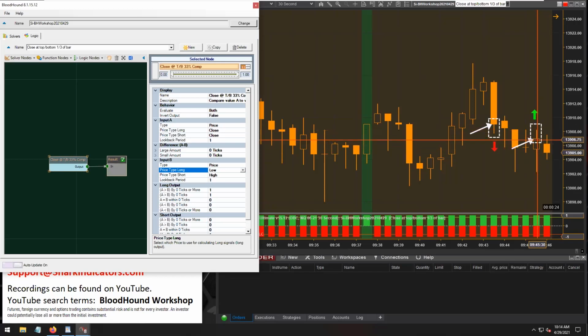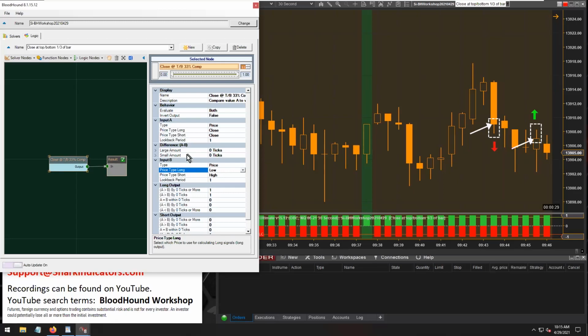Or is the closing price greater than the low or less than the low? Because of the types of comparisons that the outputs have, we have to reverse our thinking on this. And this will become apparent in just a moment.